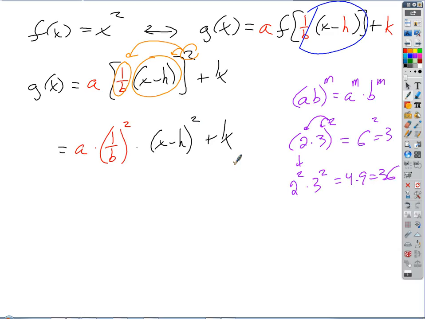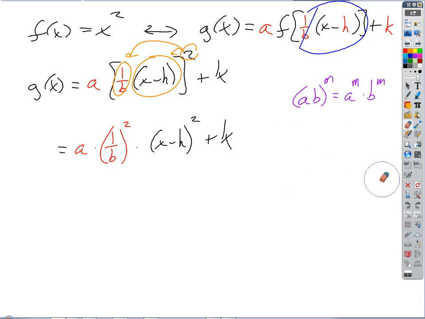Well, here we've got to use the property again, but it works for division also. So if I do a times b to the m, we get a to the m times b to the m. What do you suppose happens if I do something like a over b to the m? What do you think I can do?